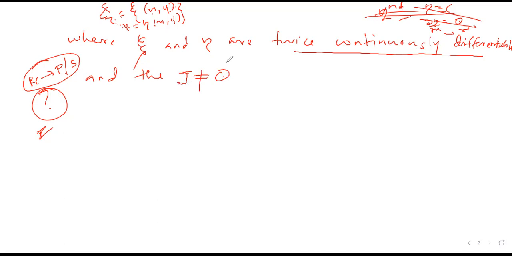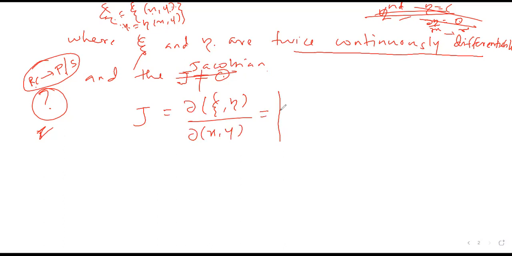That is also applicable here. If I am transforming xy to another theta eta, that should also obey this Jacobian condition. The Jacobian, we know, is the partial derivative of theta eta with respect to x comma y, which is equal to the determinant with theta_x, theta_y in the first row and eta_x, eta_y in the second row.